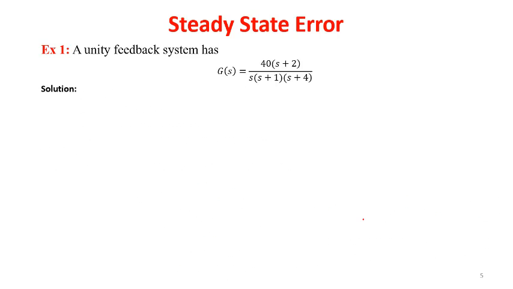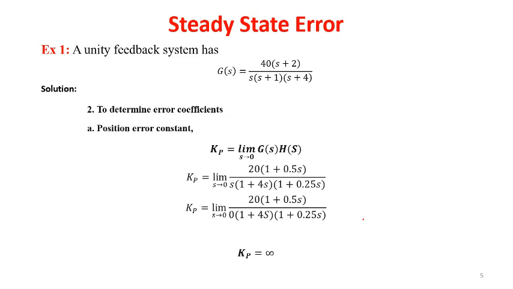Next, let's determine the error coefficients. We know that for the positional error constant, which we have already derived, Kp is equal to the limit of G of S, H of S as S tends to 0.